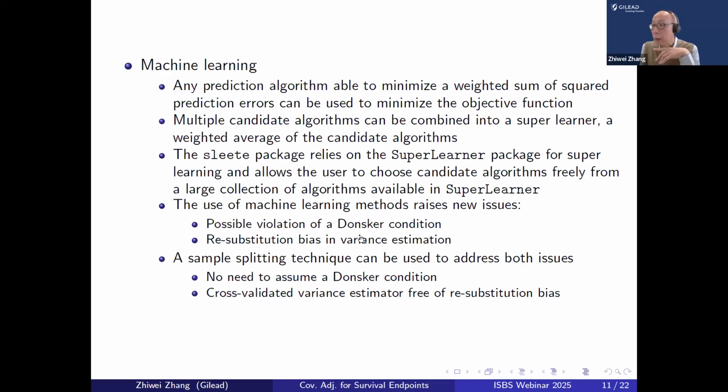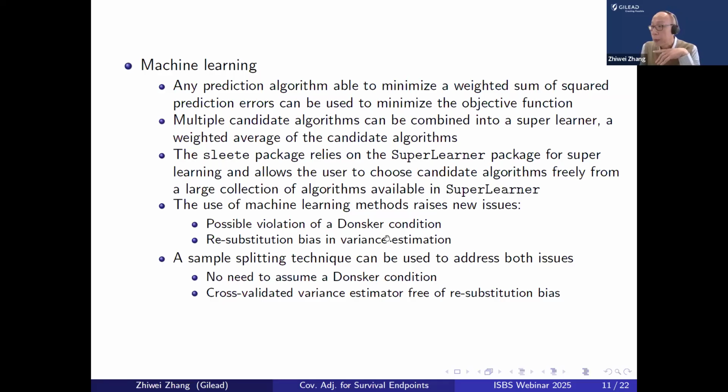So that's one thing. The other thing is that the plug-in variance estimator, which works fine for linear regression, may have a downward resubstitution bias when we use machine learning methods. And as a result, we might have variance underestimation and anti-conservative inference.